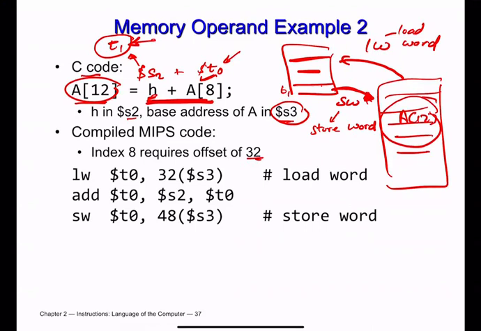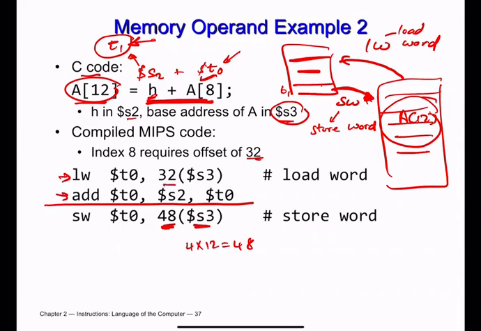We will apply the same exact concept: where is the base address? And it will be 4 multiplied by the ith location from that base address. Since 4 multiplied by 12 is 48, I will be 48 away from my base address instead of 32. So I will do the exact same things. These first lines were from the previous example.